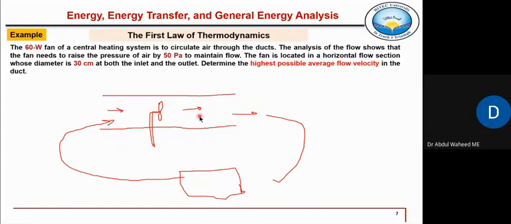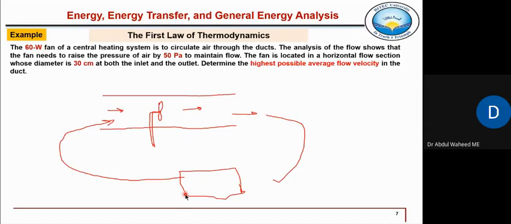Pressure is the force per unit area, due to the resistance between the fluid and the walls of the duct, which this fan has to overcome. So this fan is actually increasing the pressure from inlet to outlet, not velocity. Once steady state is achieved, the velocity in the whole system will be a constant value.